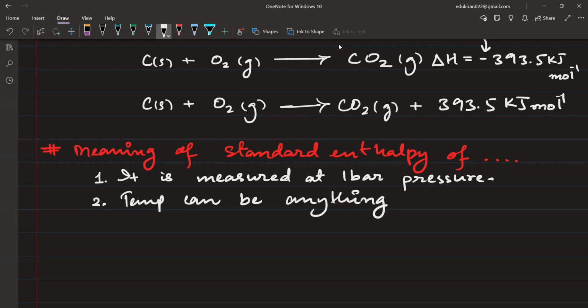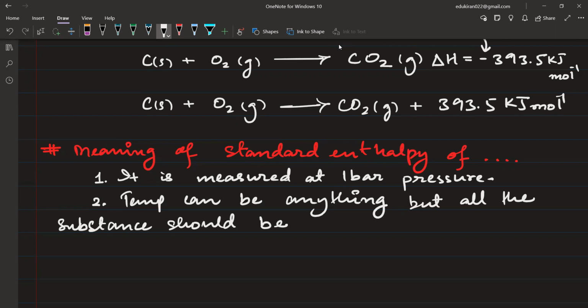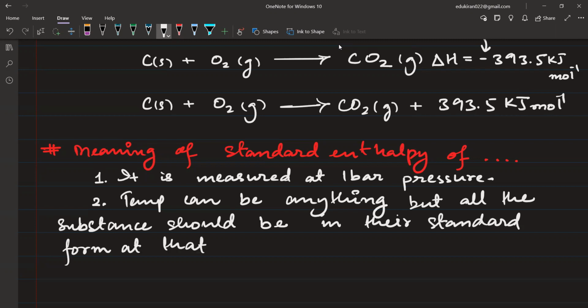You have no restriction on temperature, but all the substances should be in their standard form at that temperature.